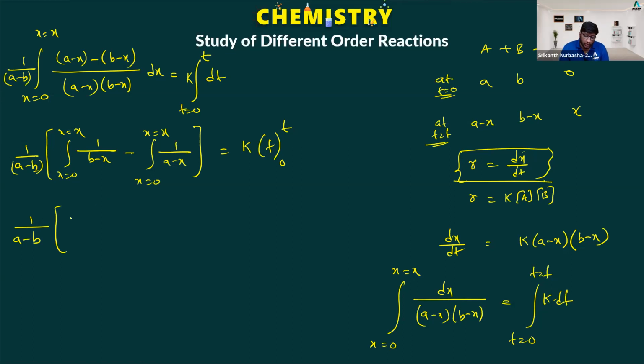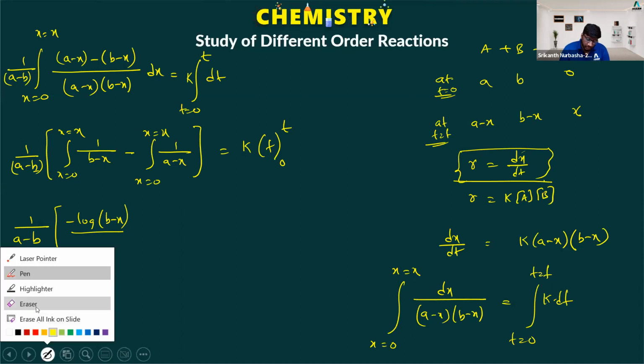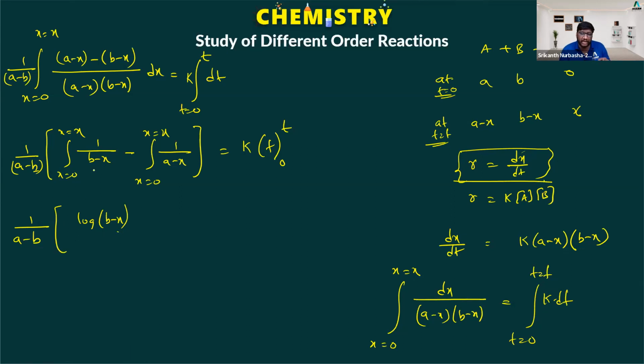Negative logarithm of b minus x divided by d by dx of b minus x. Like integral 1 by x dx is ln x. Integral 1 by f of x dx is ln f of x divided by d by dx of f of x. That gives the negative logarithm of b minus x here.